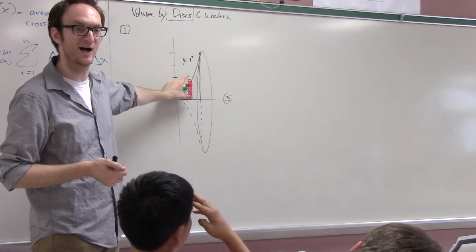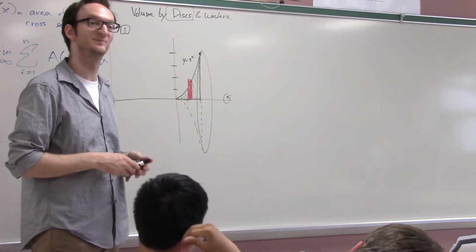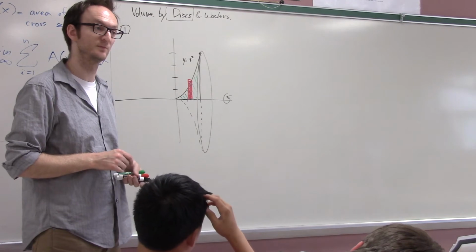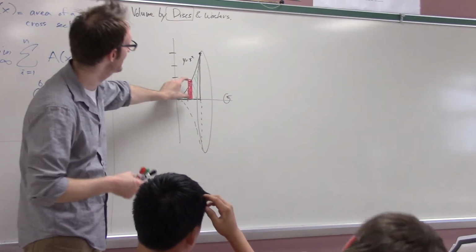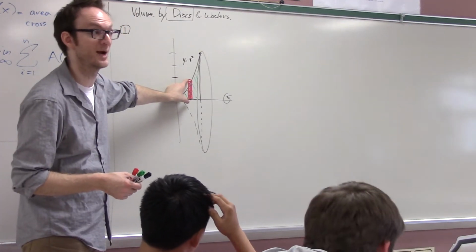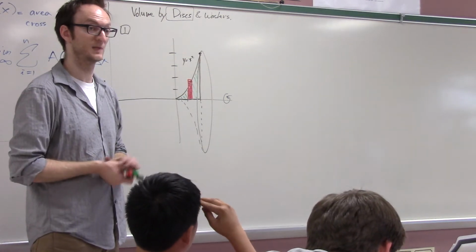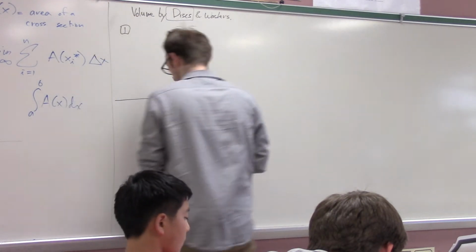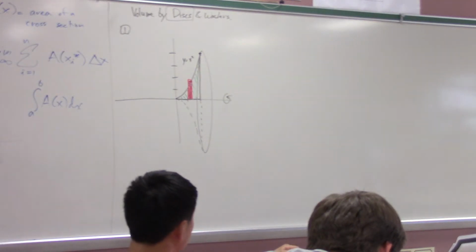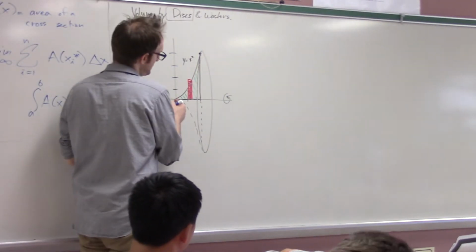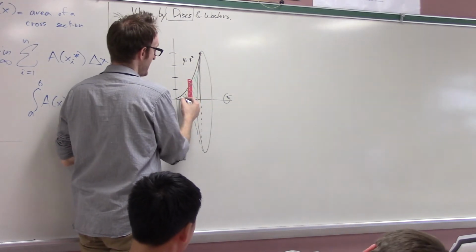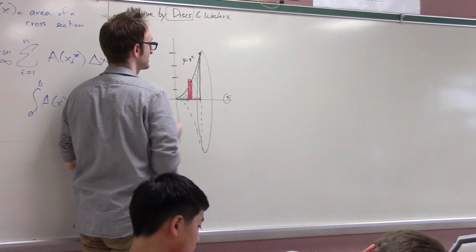What is the radius of this disc? Yeah, the radius of the disc is the y value of the function, right? And what's the height of the disc? Delta x, exactly. So what I'm really doing is taking the interval from 0 to 2 and partitioning it into subintervals.